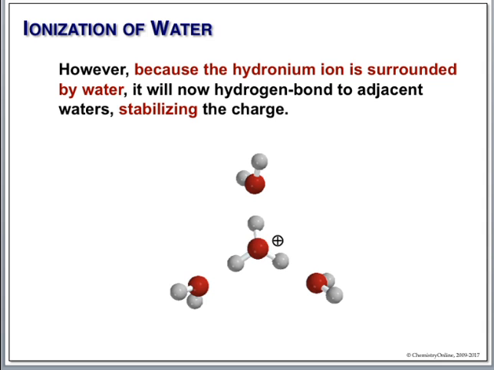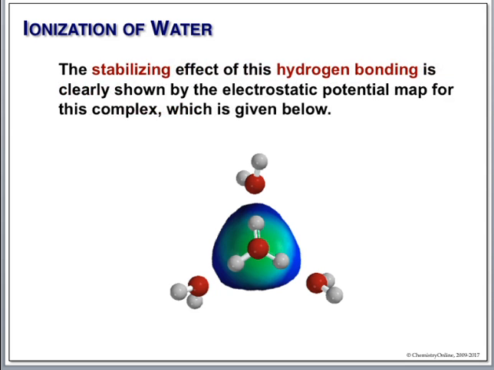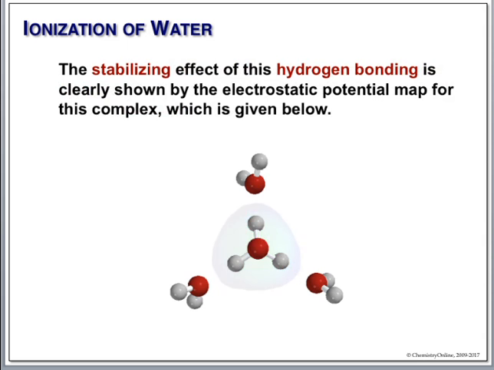Water is so good at dispersing a charge that if you take this whole cluster, feed it to your computer, and do an electrostatic potential map, again, this is what it looks like before we start. What it looks like is something like this.